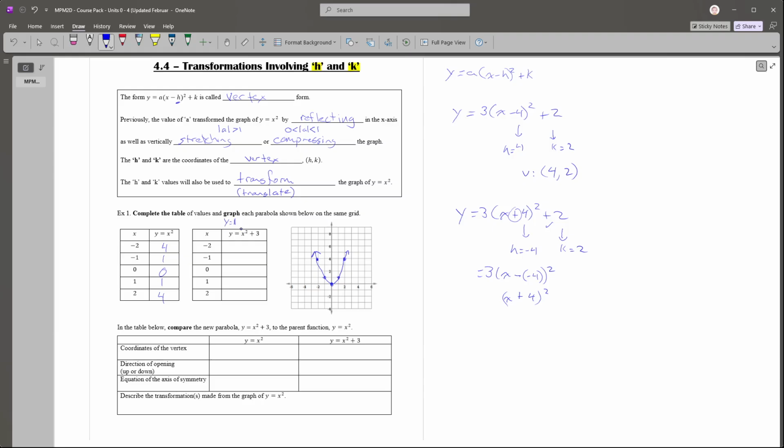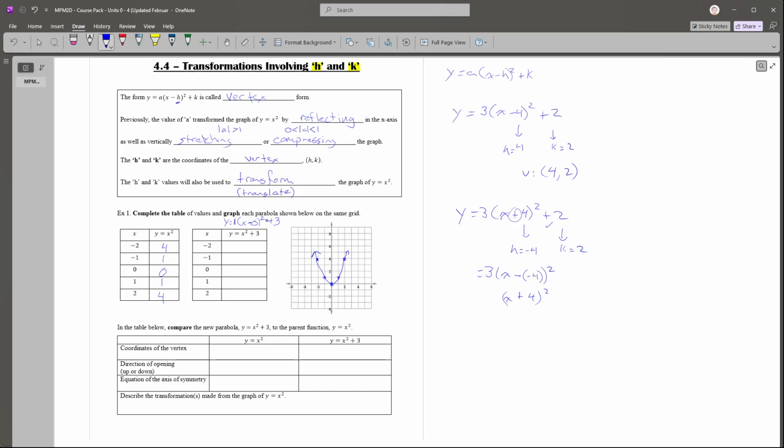And now inside of here, I have x minus something. What is the value of h? There is no value h, so it's x minus 0 squared plus 3. That's what this equation is in full vertex form. That means h has a value of 0 and k has a value of 3. That means our vertex should be at 0, 3.